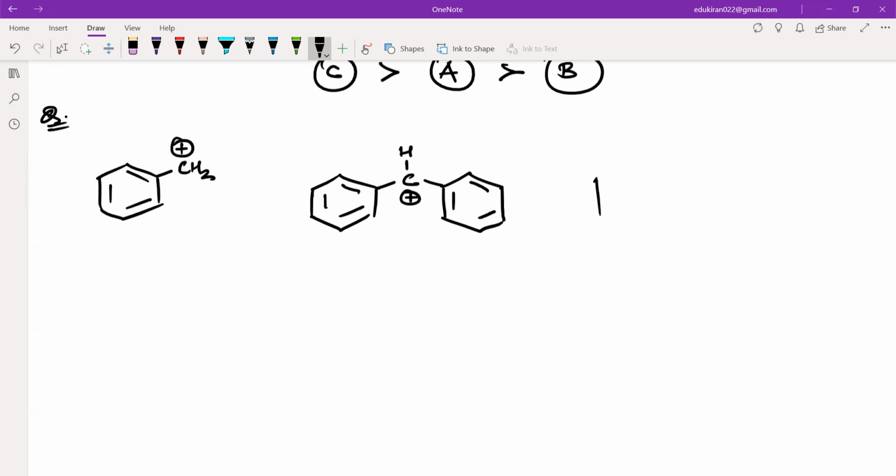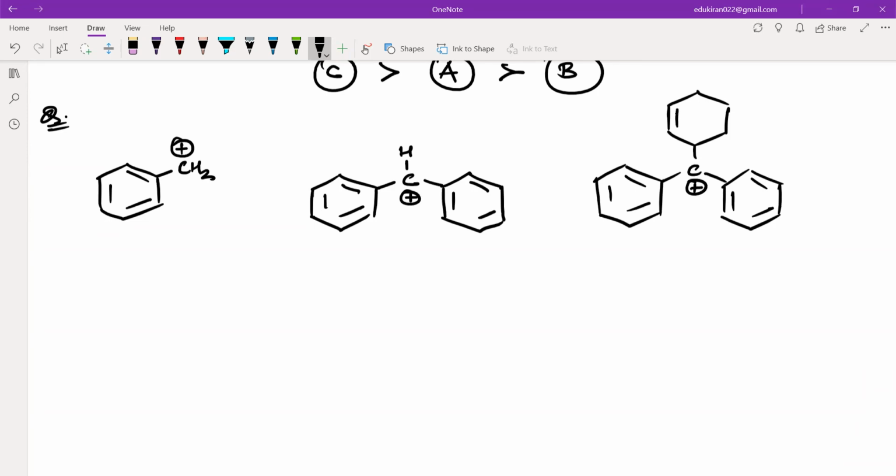And then we have three benzene rings, and there is a carbon positive charge.